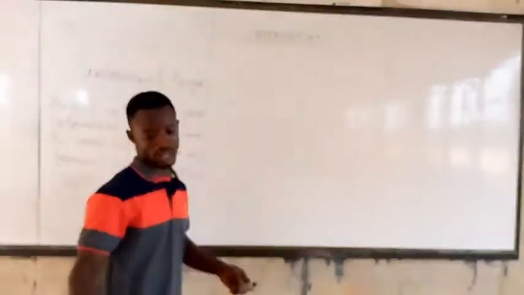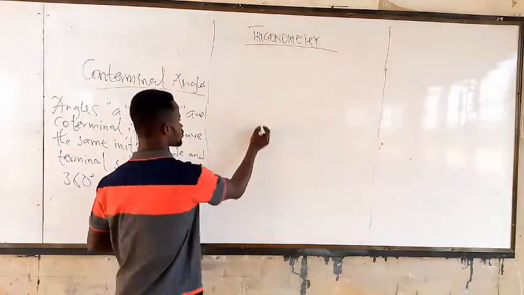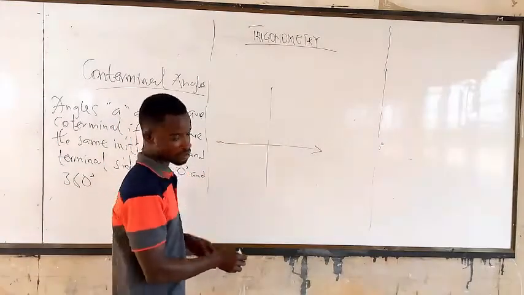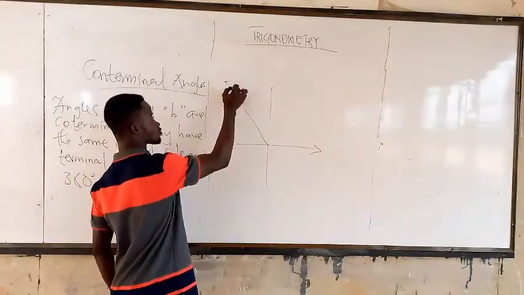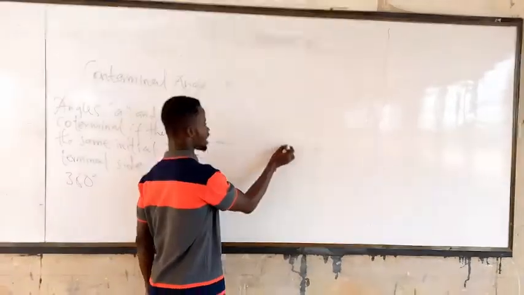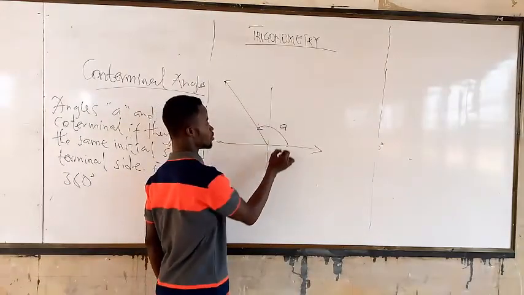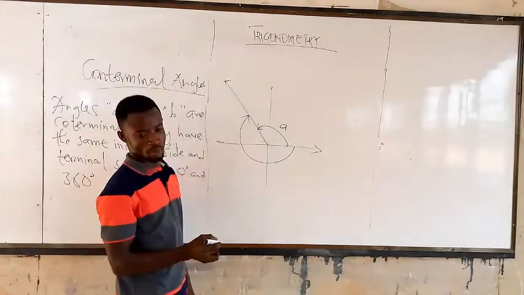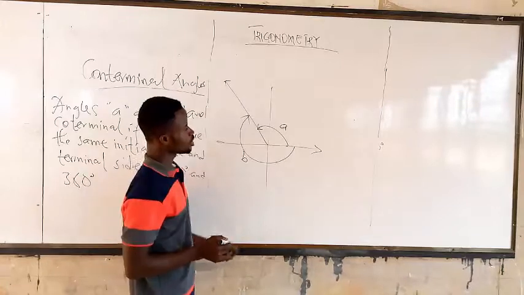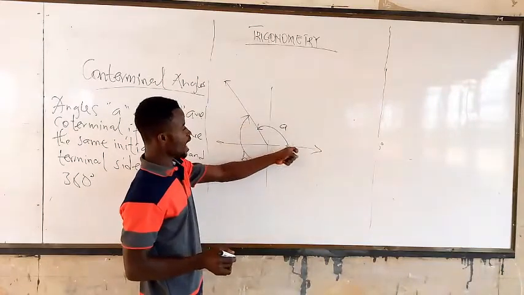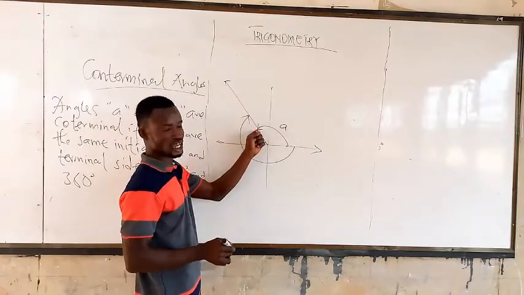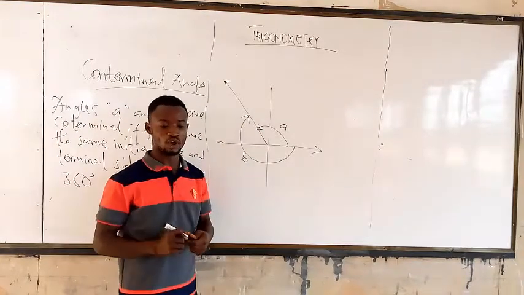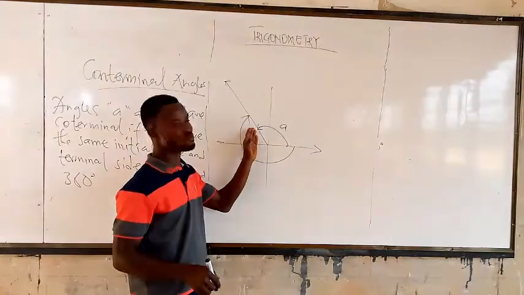Alright. So in general, this is what we mean. Okay, so we have angle A here. We have angle B from here to here. Hope you can see that. And this is the B. So this angle A, we don't care whatever the angle A is. And this angle B, they are coterminal because they all have the same terminal, right?